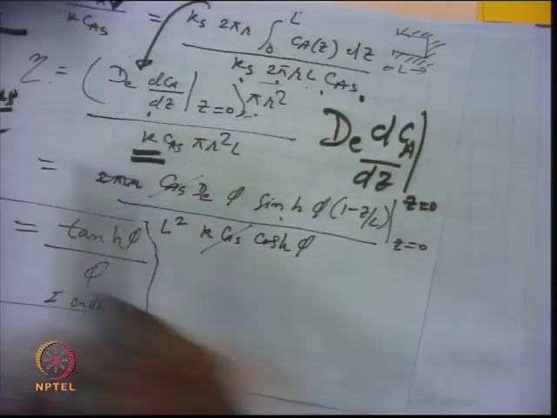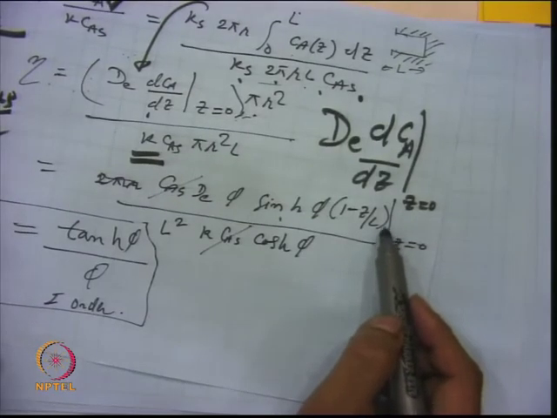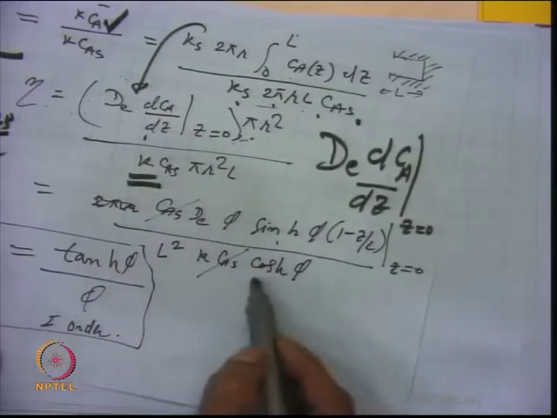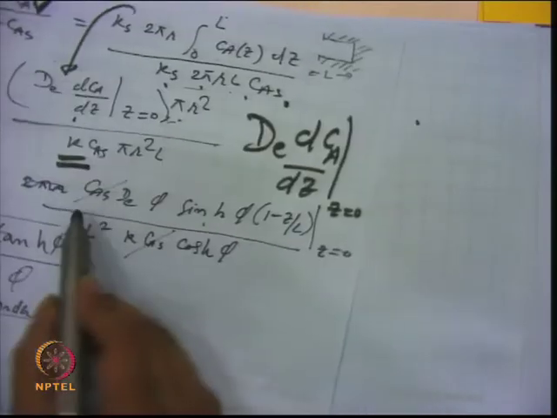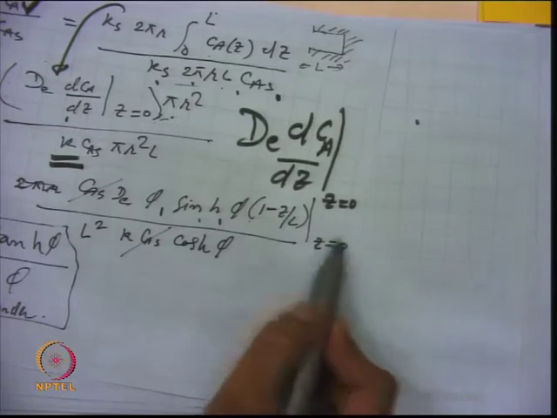Other terms are already there. That has been substituted in this equation, and then you just see here Cs phi sinh phi (1 minus Z by L), put Z equal to 0.